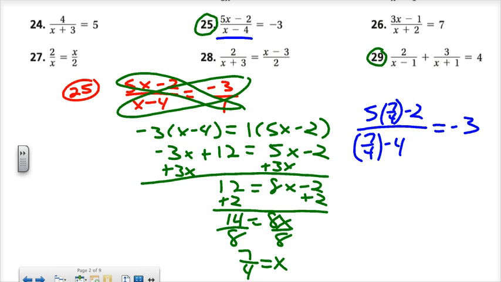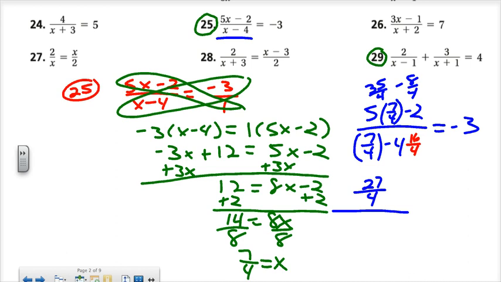All right? Well, 5 times 7/4 is 35/4. 2 is going to be 8/4. So if we take 35/4 minus 8/4, we get 27/4. 7/4 minus 4, well, 4 is the same thing as 16/4.